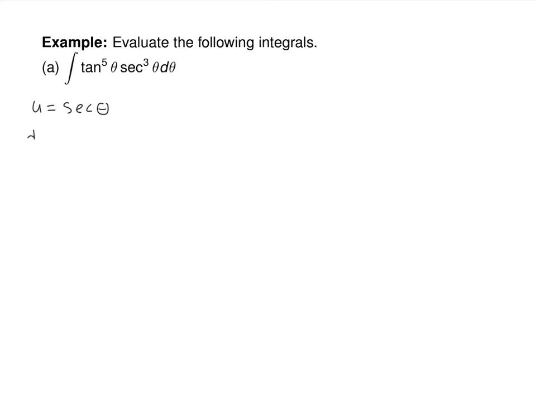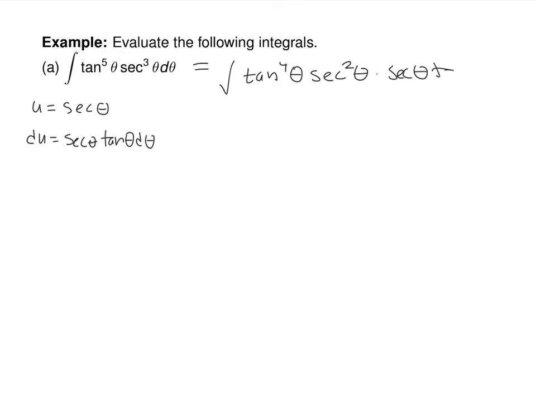So u is secant, du is secant theta tan theta d theta. So that becomes the integral of tan to the fourth theta secant squared theta times secant theta tan theta d theta.